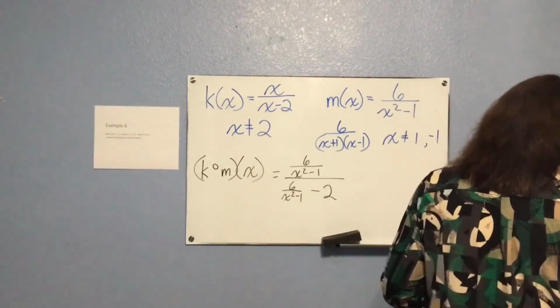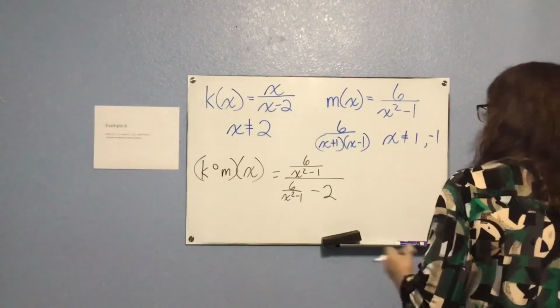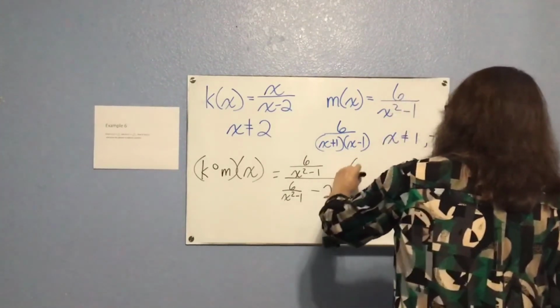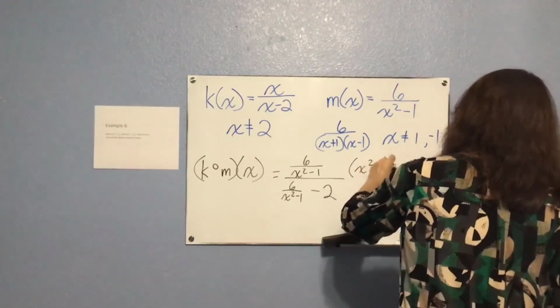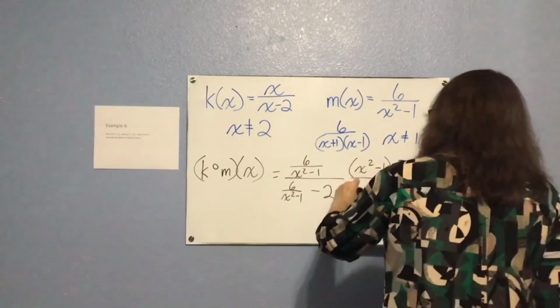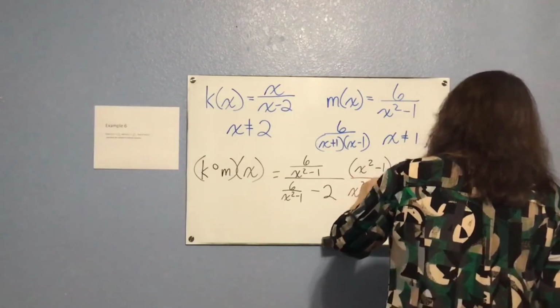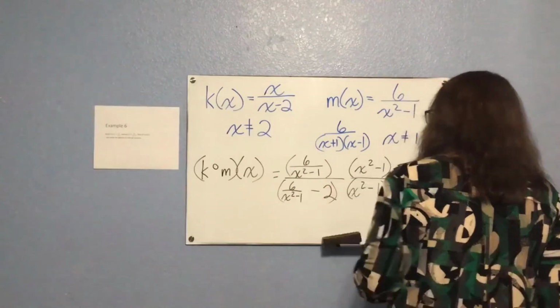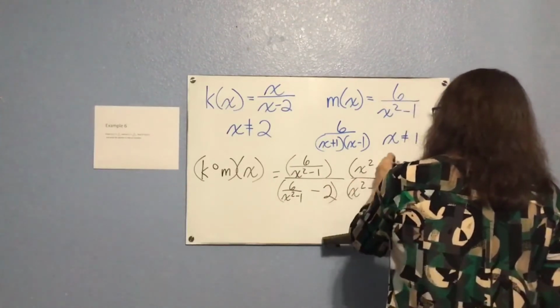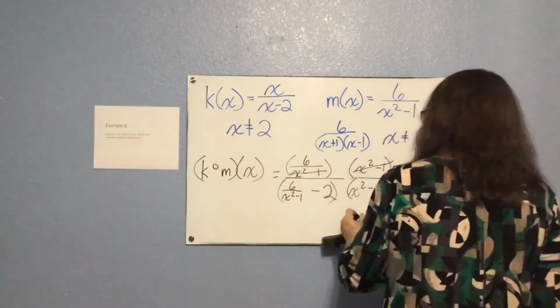So kind of a mess. We're going to get rid of the mess by multiplying both the top and the bottom by x squared minus 1. That'll get rid of a lot of the fraction parts. Okay, this will cancel out with this.